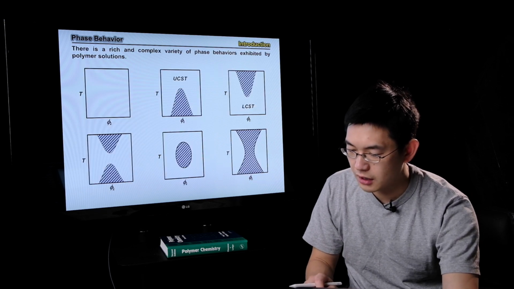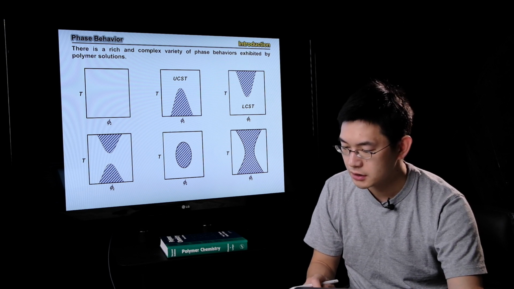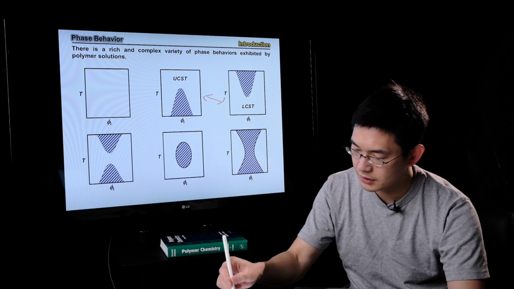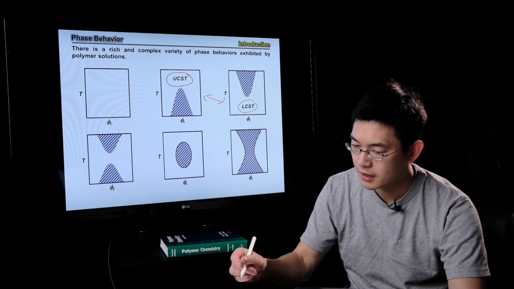There is quite complex phase behavior, as most polymers will fall into these two states, and we will talk about what is UCST and what is LCST.